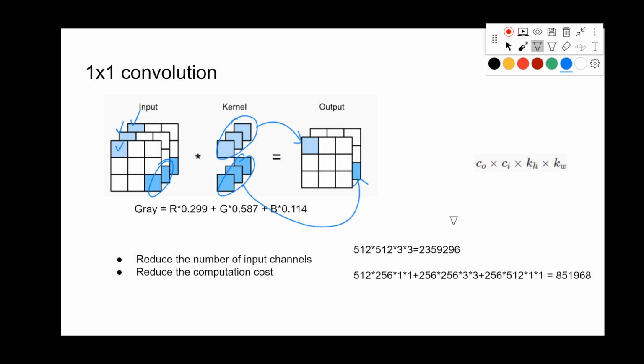If we use color space conversion as an example, the input is a color image, so we have three channels here, one for R, one for G, one for B. Our output will be a single channel, so we only need one set of one-by-one kernels. Then we can use the formula here to convert the color image to a monochrome image.